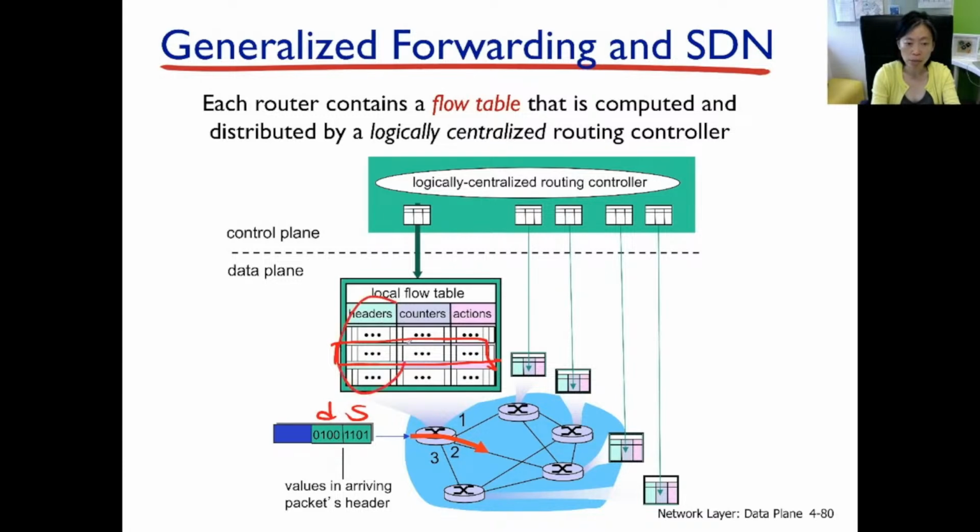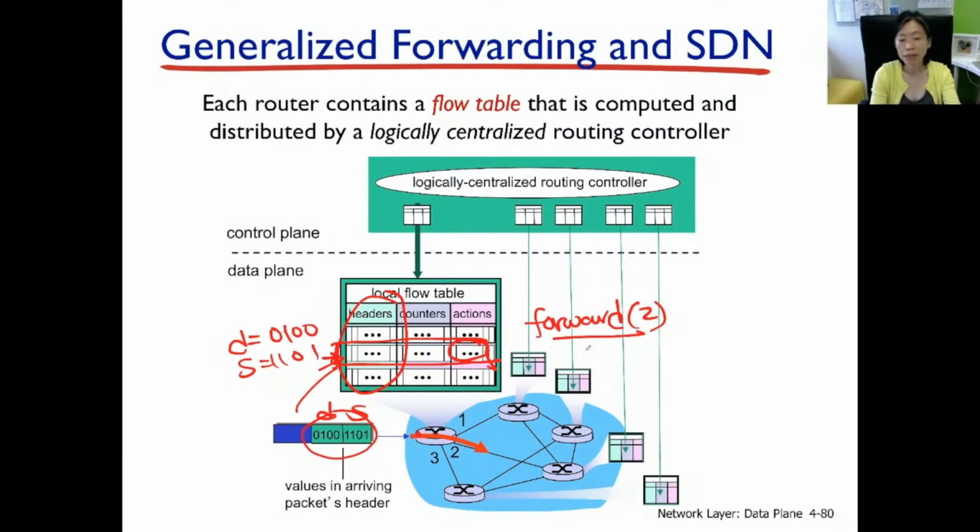So in the header column of this entry, there should be a specification looking like this: D equals 0100, S equals 1101. Therefore, when this packet arrives, we look up, match this entry, and take the action here. Now, forwarding to interface 2, the action there should look like this. So we match this packet to the combination of header fields and take the action.